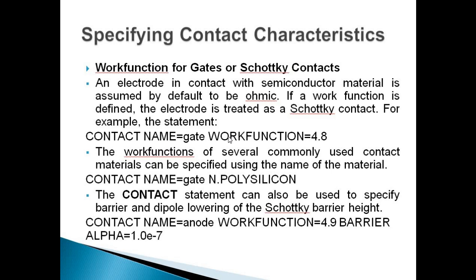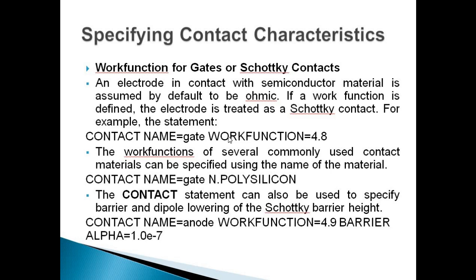The contact statement is used to specify the metal work function of one or more electrodes. The name parameter is used to define which electrode the work function is applied to. The work function parameter sets the work function of the electrode. This example shows that we set the work function of the electrode named gate to 4.8 electron volts.